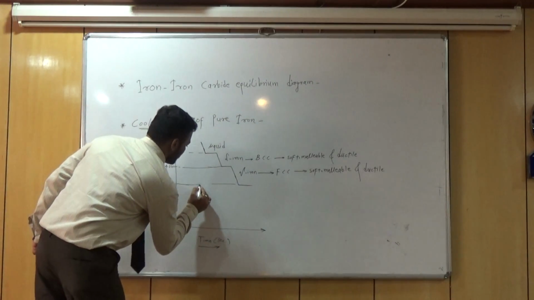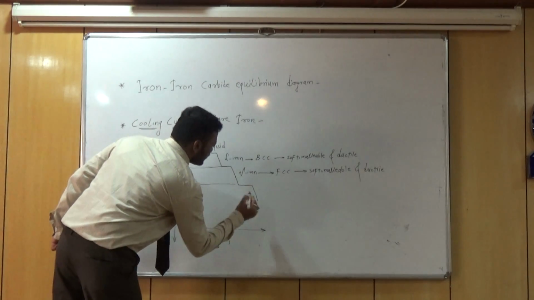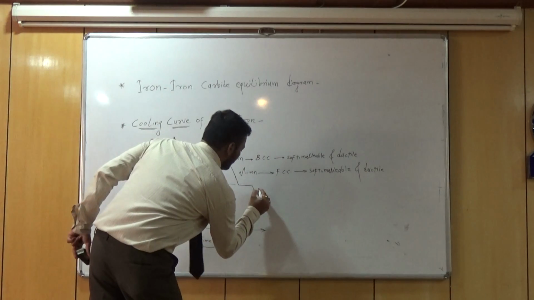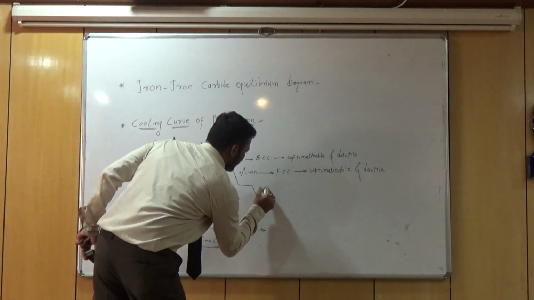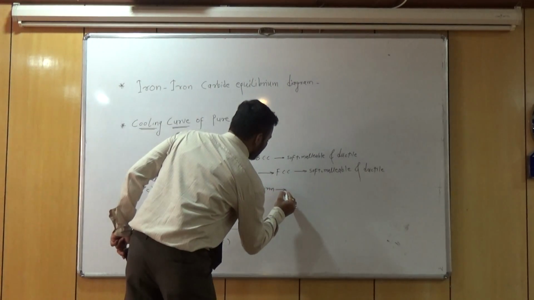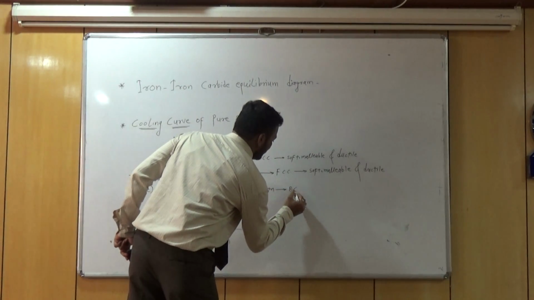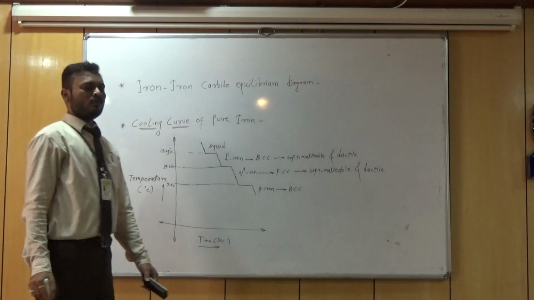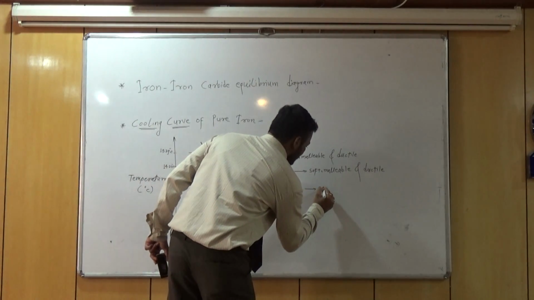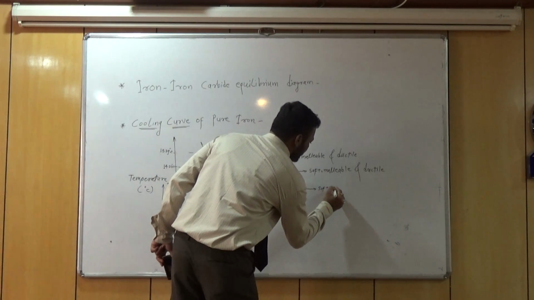Below that temperature, it will get transformed to beta iron, and this beta iron will be having body centered cubic structure. Again, this will be a soft phase.